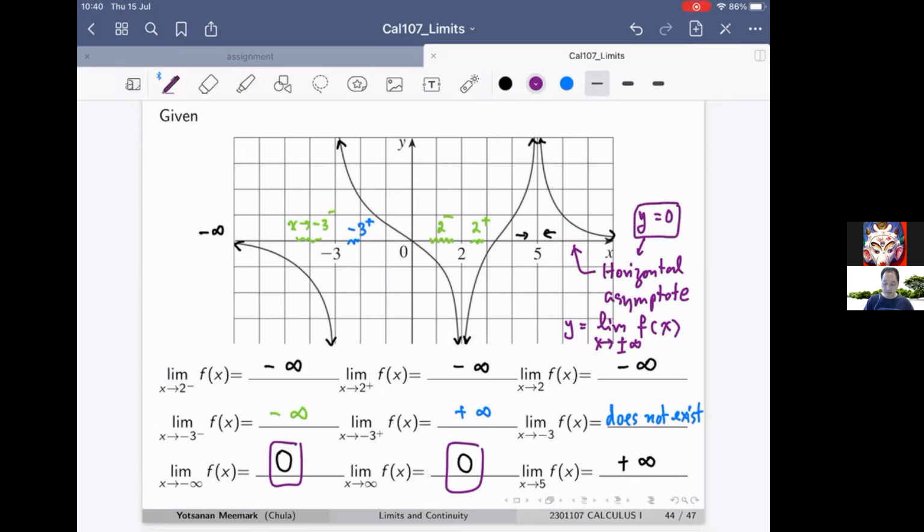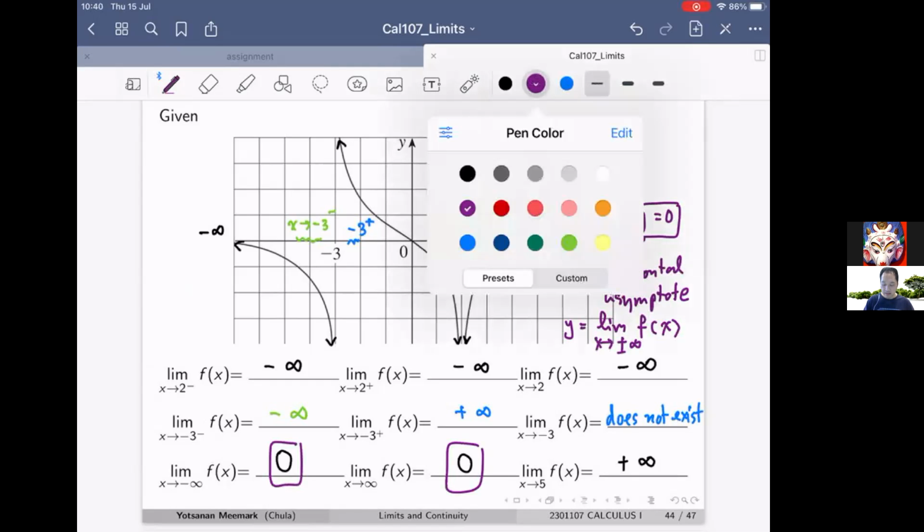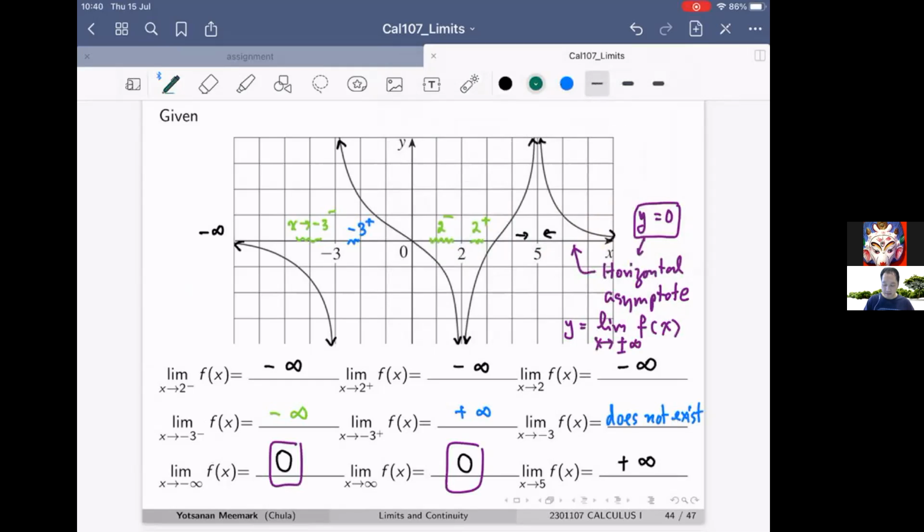And the vertical asymptote is right here, one of them. The vertical asymptote is the x value where your function does not take place, and at that x value your function goes to either positive infinity or negative infinity. So this one is one of your vertical asymptotes.